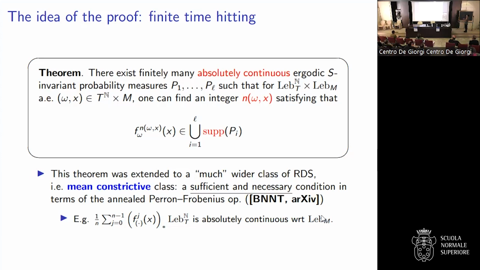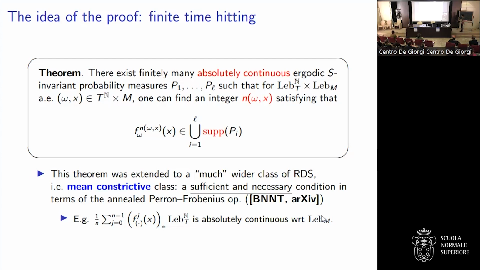The point is that if you assume conditions A, B, and continuity, then you get a nice property and can apply the ergodic theorem. Maybe you feel that, again, using the annealed transfer operator, the annealed probabilistic operator, you can formulate this property. And yes, we can do it.